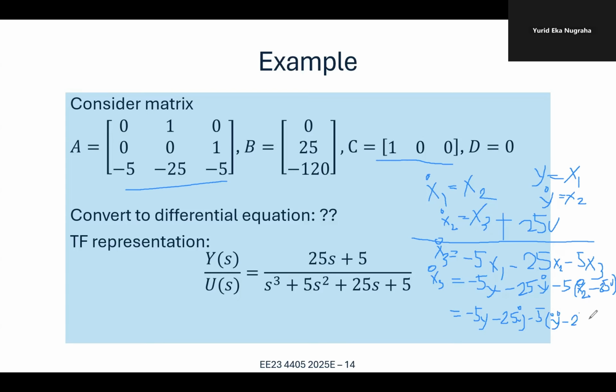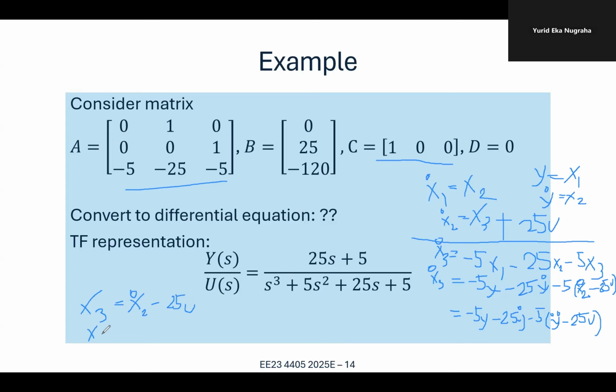So x3, from the second equation here, x3 is x2 dot minus 25u.